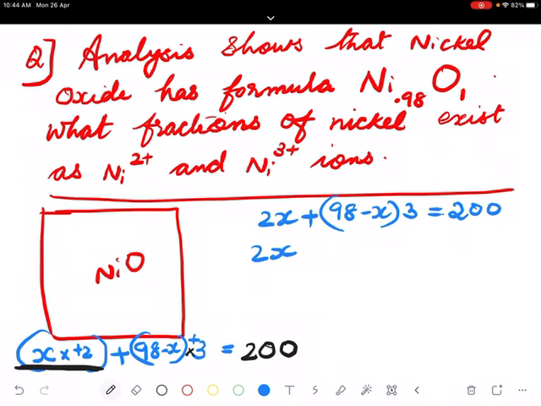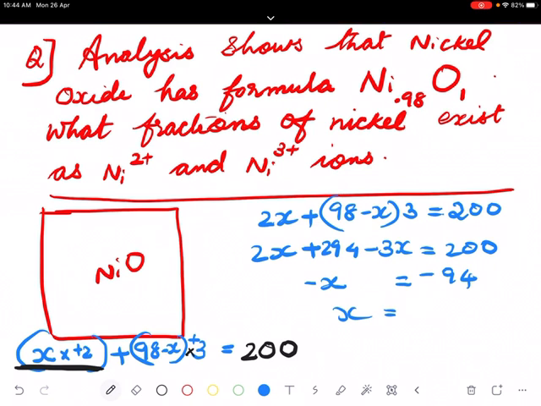So 2x plus 294 minus 3x is equal to 200, or minus x is equal to minus 94, or x is equal to 94. What is x? X is the number of Ni2 plus ion.